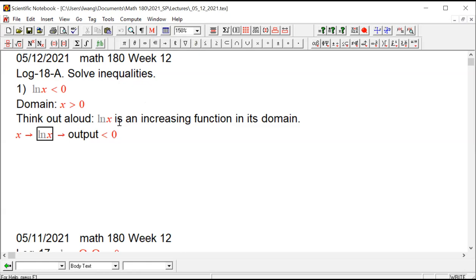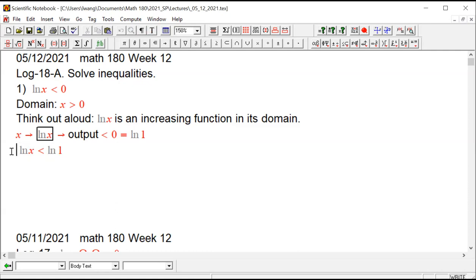Output less than zero. And 0 is equal to ln 1. So when we say ln x is less than 0, that is the same as saying ln x is less than ln 1.